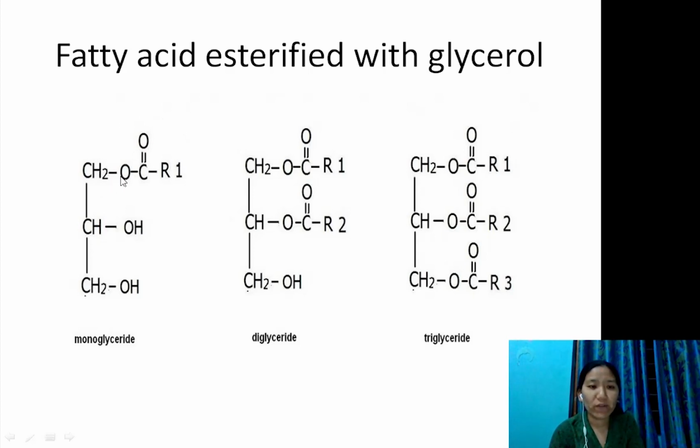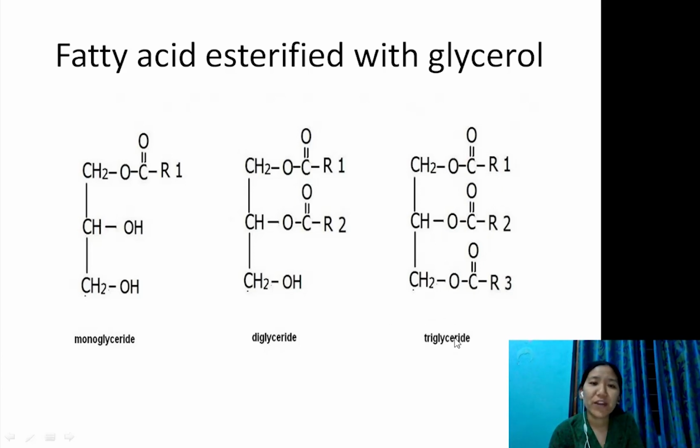Here you find 1 fatty acid. In this example you find 2 fatty acids, 1 here and another here. Here you find 3 fatty acids. Accordingly they are named monoglyceride, diglyceride, and triglyceride.